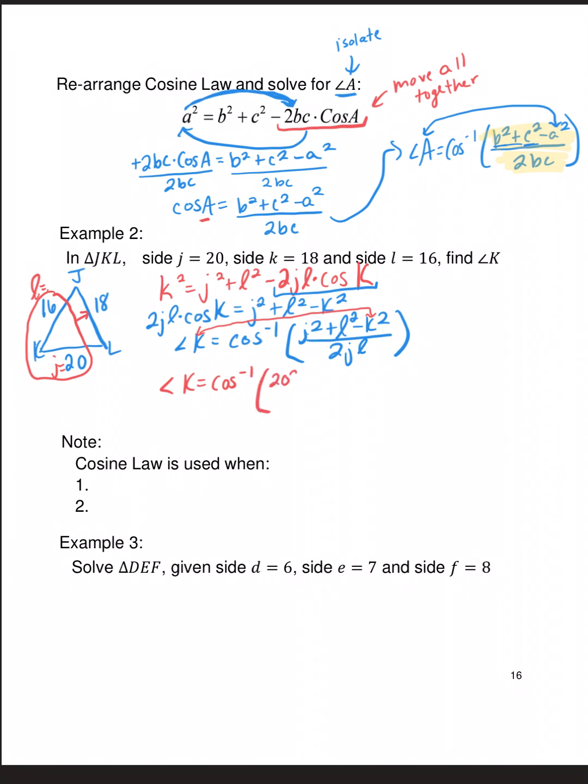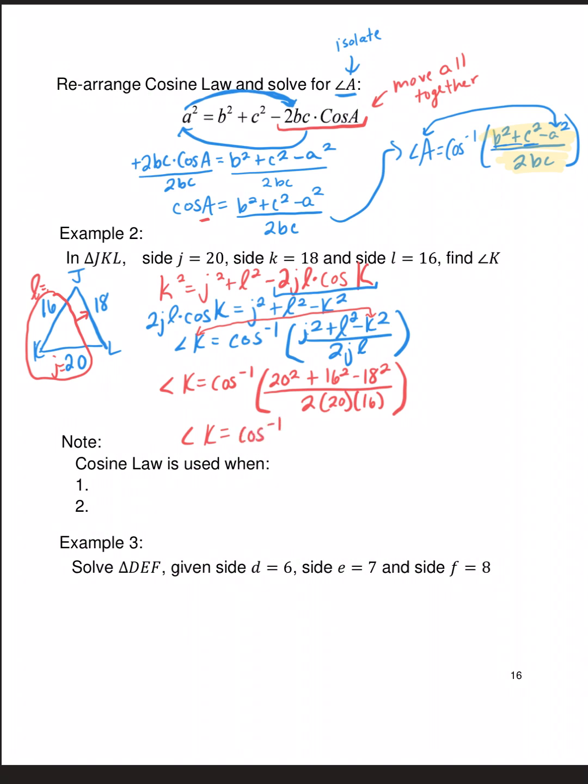Well, 20 is J, and L squared, L is 16, minus K squared. Well, my side K is 18. All of that is going to be over 2 times J. J is 20, and L is 16. So we're going to have the cos inverse.